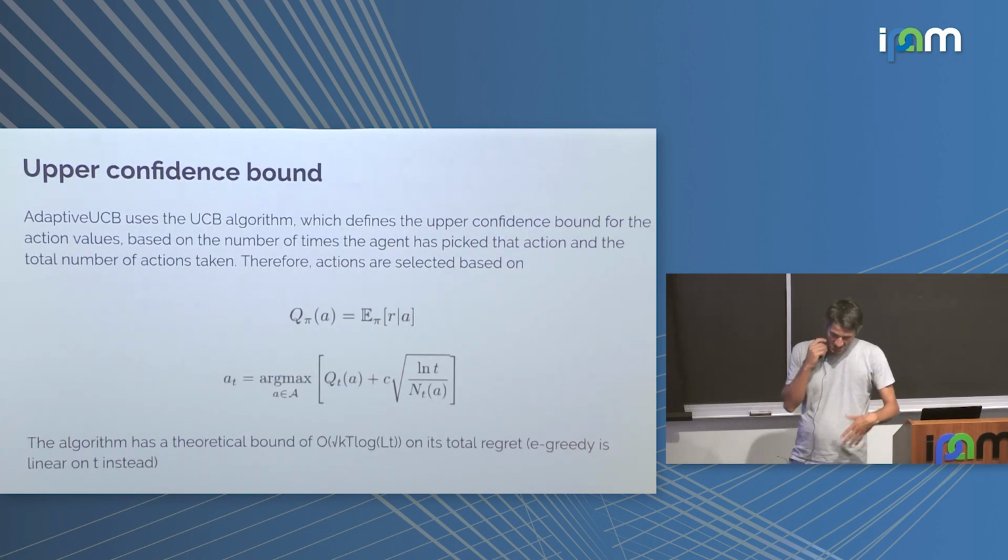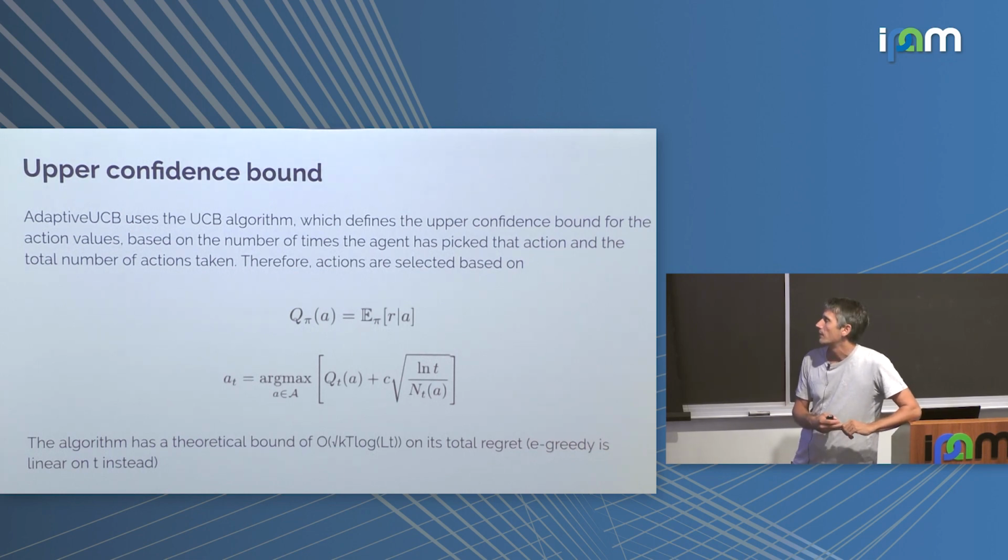And there are known methods for solving the MDP. One method is called upper confidence bounds, which has a better theoretical bound than epsilon greedy, which is what we usually used before.